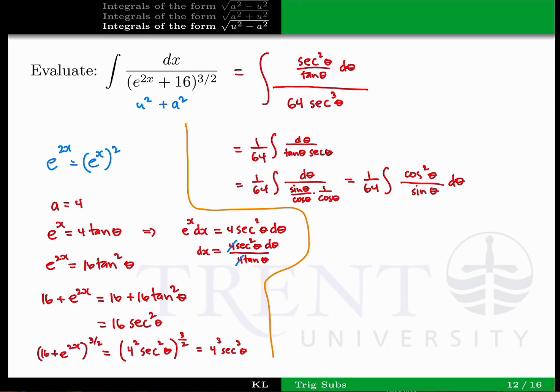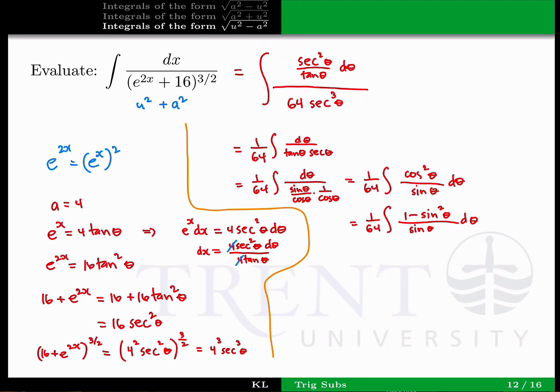However, what I'm going to do here instead is to convert cosine squared theta in terms of sine. Cosine squared theta is, not sine squared theta, but 1 minus sine squared theta. And of course, you have the denominator sine theta, and then d theta.